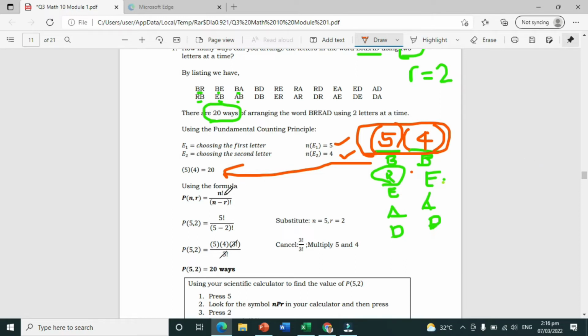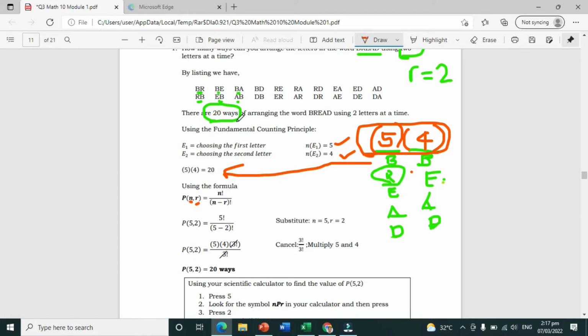Pero kung meron tayong formula, ang formula kasi ng PnR, take note na yung n refers kung ilan lahat yung objects, letters or numbers na gagamitin. Tapos yung r naman natin, kung ilan lang yung pwedeng makuha out of the given numbers or letters.